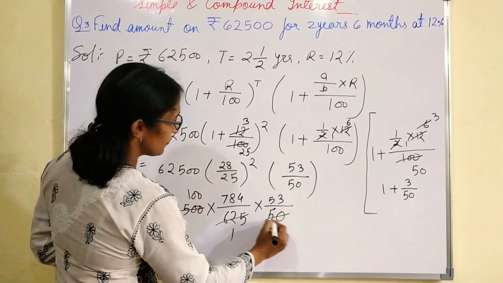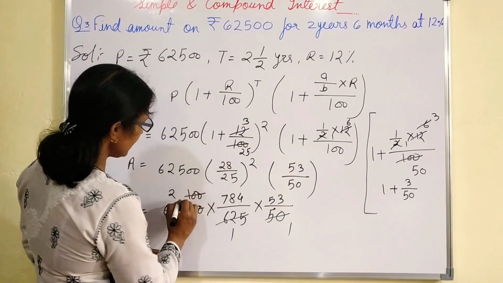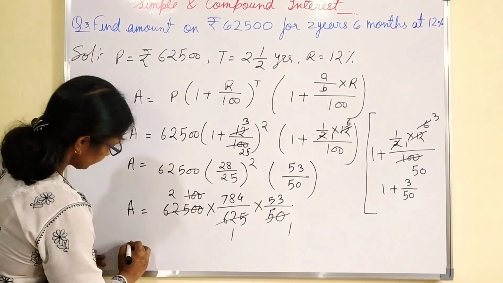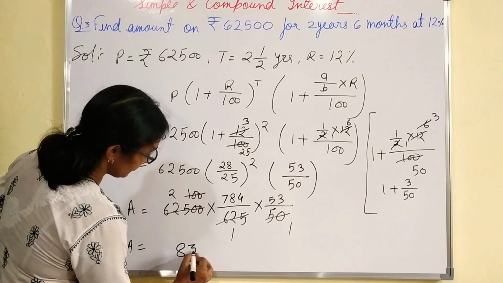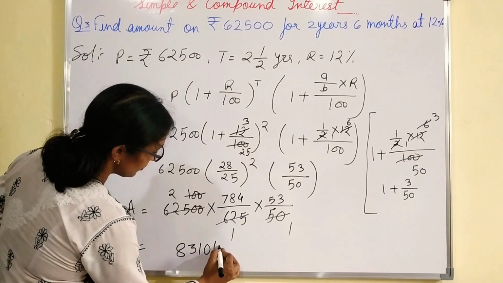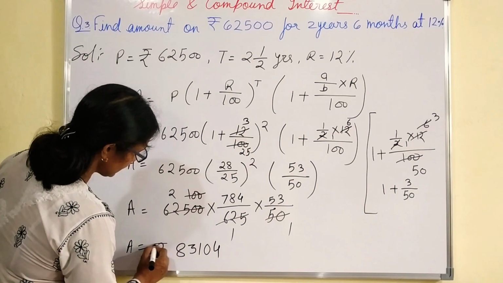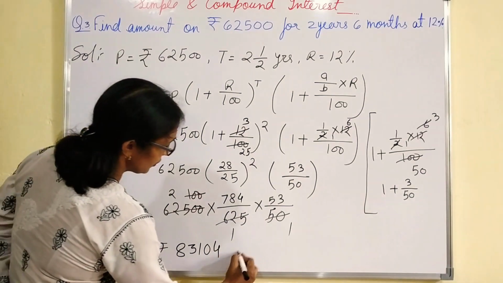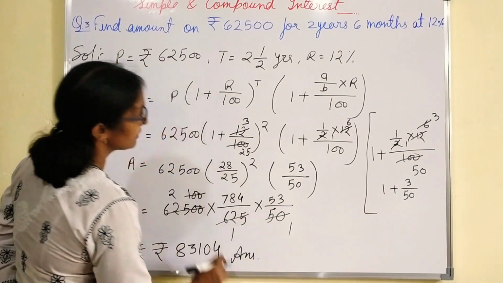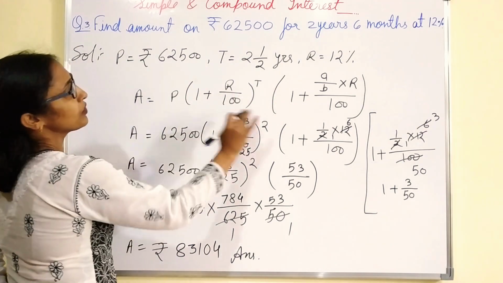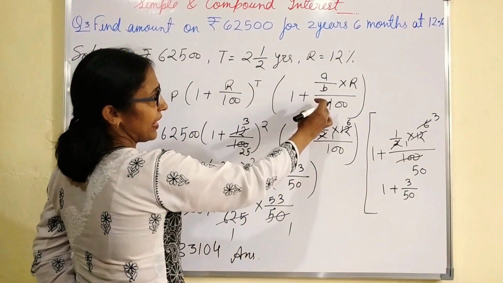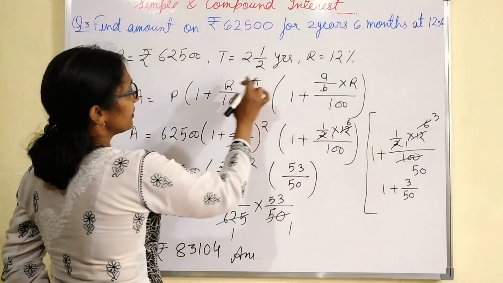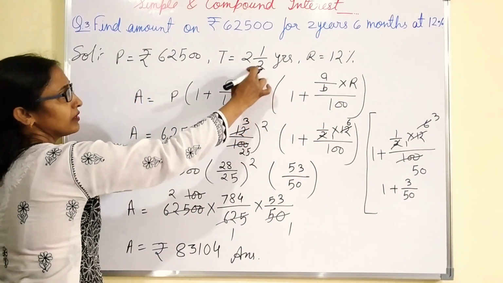So amount is 83,104. It is your answer. Don't forget, this formula is applicable only when time is given in fraction. So fraction will come here and whole number will come here.